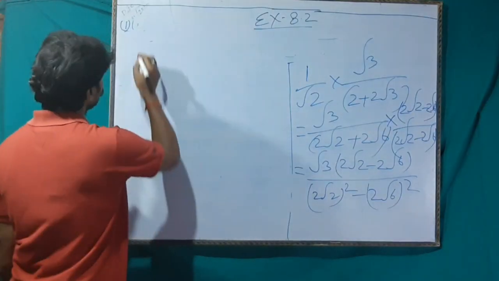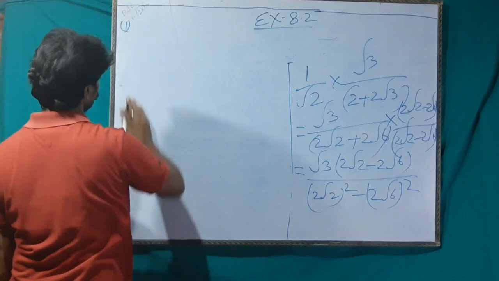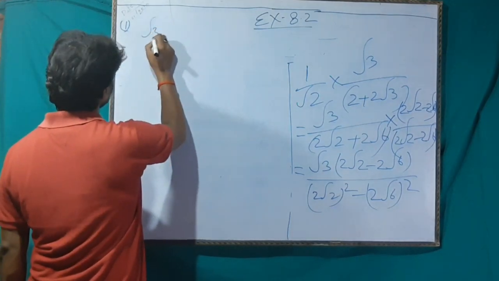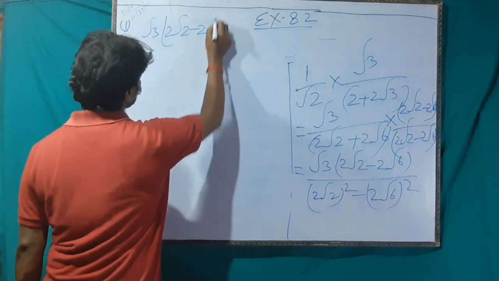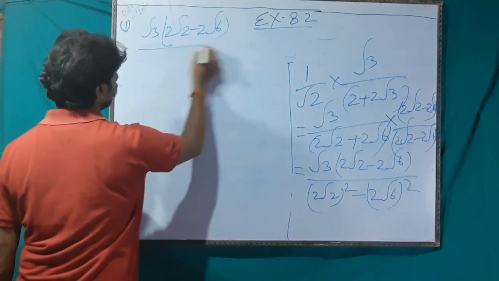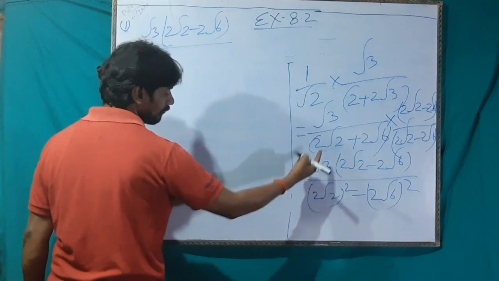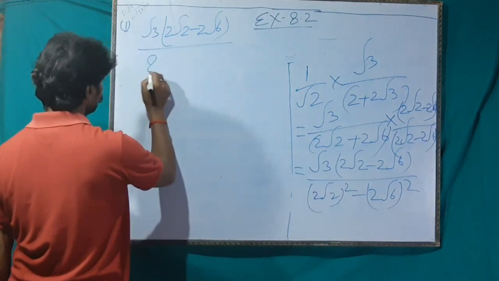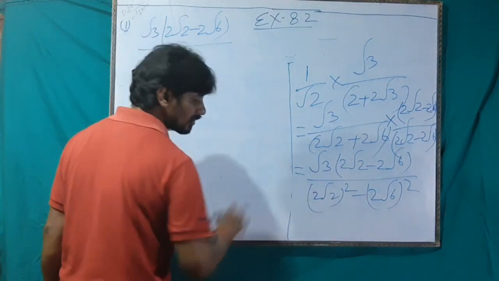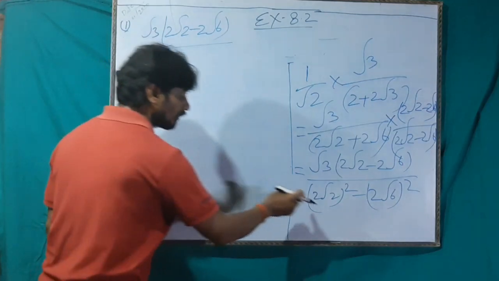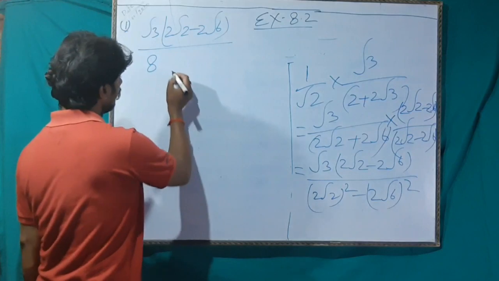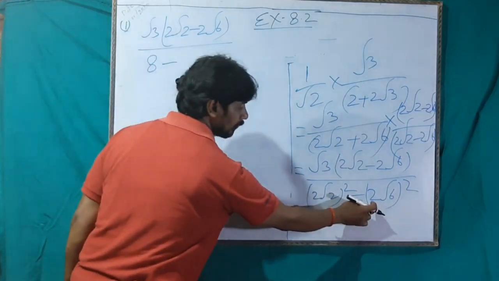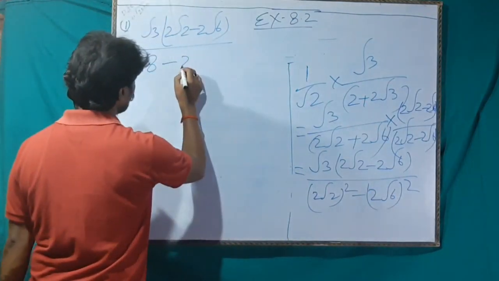Now root 3 into 2 root 2 minus 2 root 6, by: 2 2s are 4, 4 2s are 8, because if we square root 2 we get 2, and if we square 2 we get 4. 4 into 2 is 8, minus 2 2s are 4, 4 6s are 24.